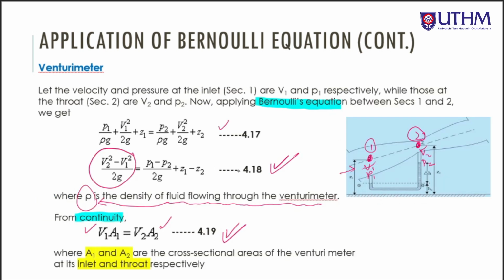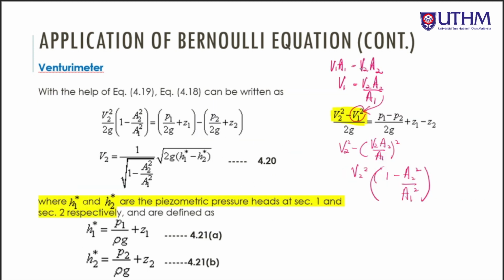Okay, so daripada equation 4.18 and 4.19 ni kita gabungkan. So apa yang kita dapat from 4.19 ni kita masukkan dalam 4.18. Okay, so from 4.19 kita tahu V1A1 equals V2A2, and then kita ambil V1 equals V2A2 over A1, and then kita replace this V1 inside this.